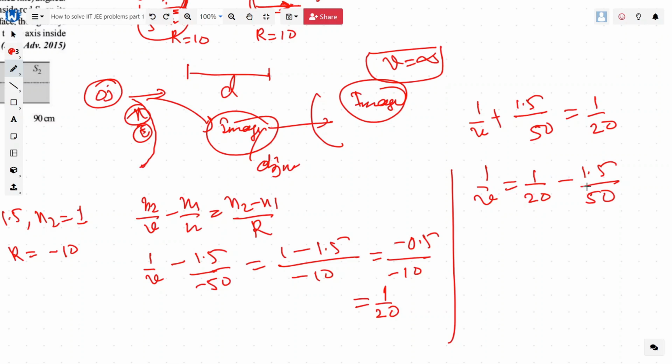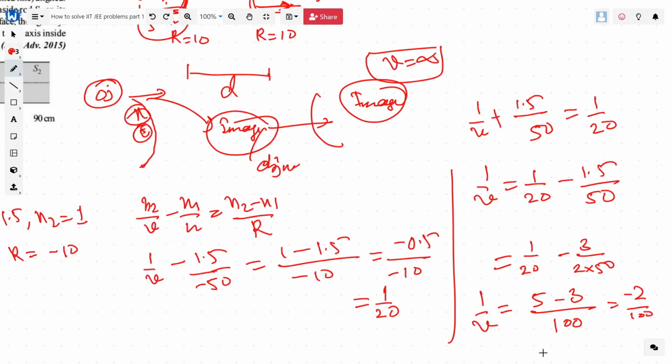Okay, and now let's solve that. We can do it 3 by 2, 100, 5 minus 3, v minus 2 by 100, that's going to be minus 50 centimeters.